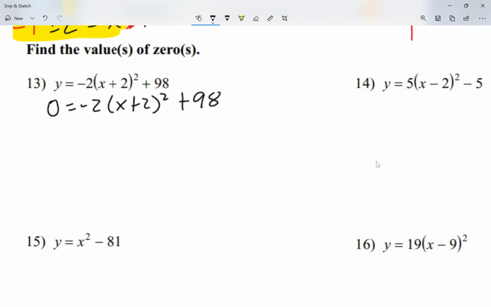Now, this is a very, very important process. Once we talk about graphing later on, we're going to graph our functions here. Once we talk about graphing, the zeros are important points. So this is one way we're going to figure them out. Let's solve for x here.